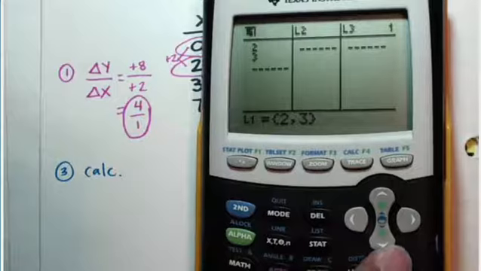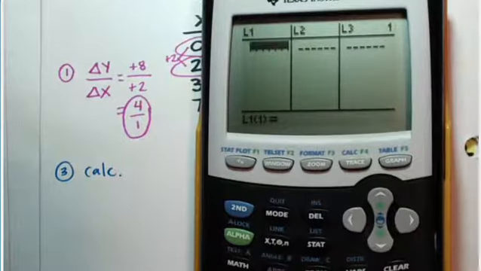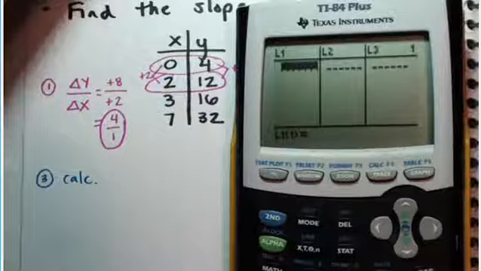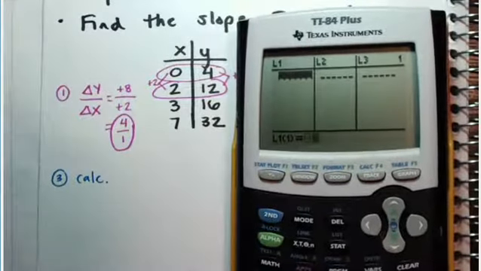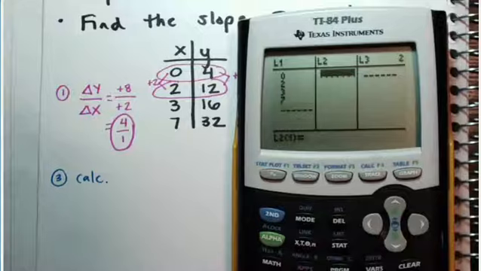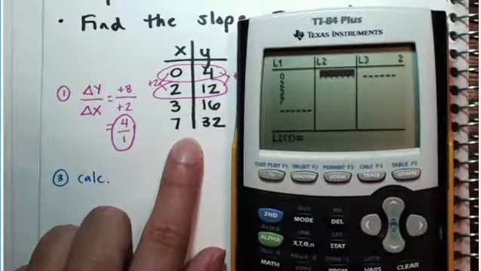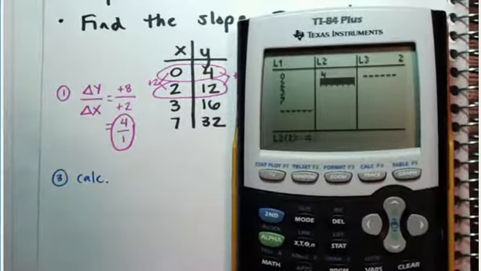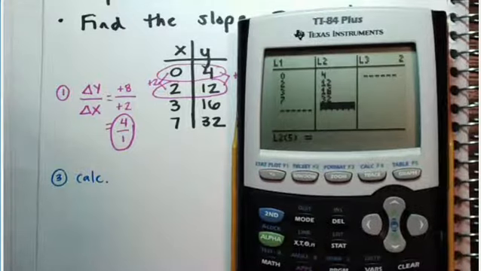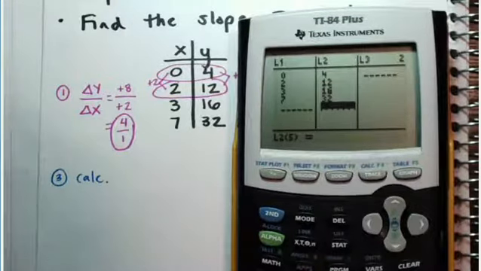Highlight your L1, push clear and enter. And I'm going to go ahead and enter in the table for this question. So I have 0, enter, 2, enter, 3, enter, 7, enter for the x values. 4, enter, 12, enter, 16, enter, and 32, enter for the y values.